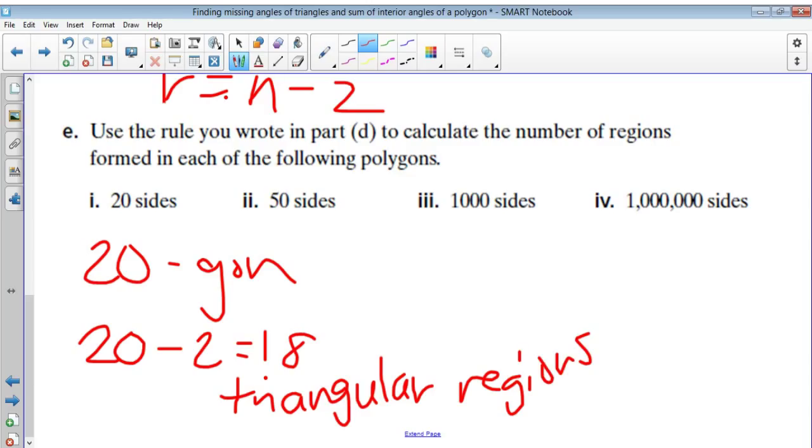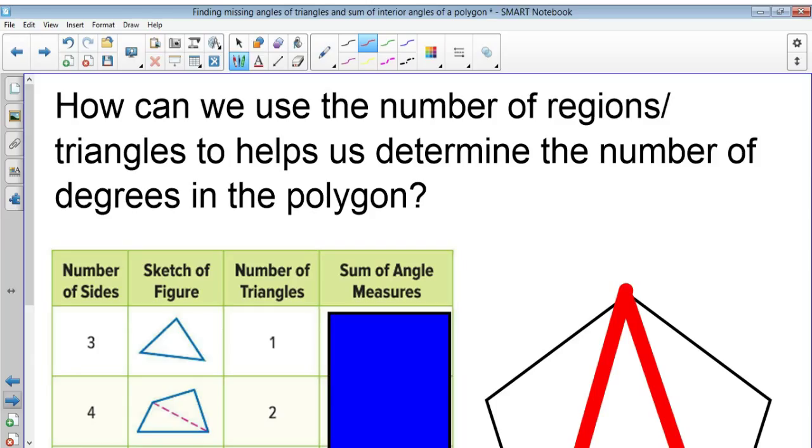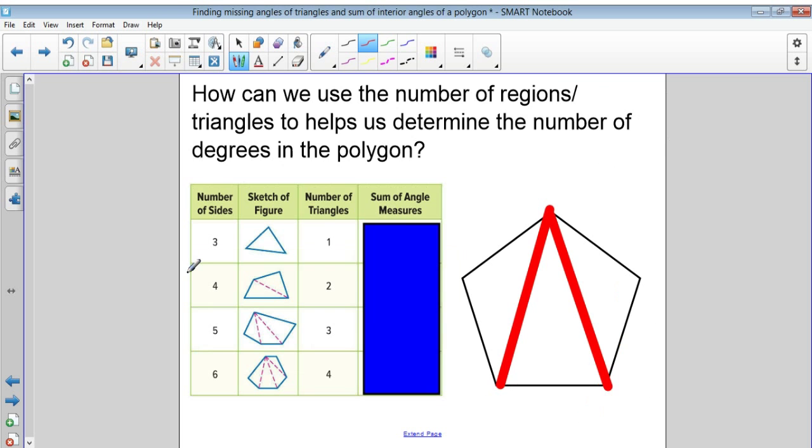Okay, now think back to what we did at the very beginning. Why would we want to know how many triangular regions there are, and how can this help us? This will inevitably tell us the number of degrees in a polygon. If we're looking at this figure here, notice that we created 3 triangles.